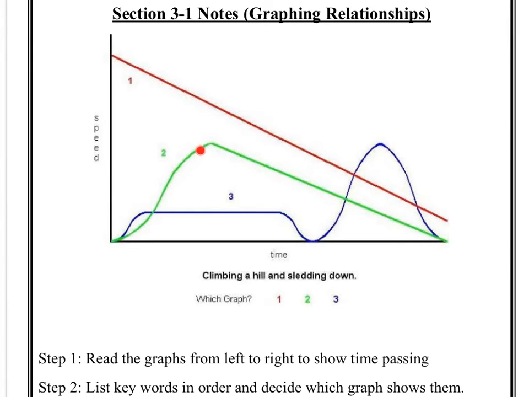Whereas graph number 3 is kind of interesting. It increases, maintains constant speed, decreases and comes down to 0, and then it increases rapidly to a maximum and then decreases back to 0. So I want you to pause the video, and you figure out whether it's 1, 2, or 3.